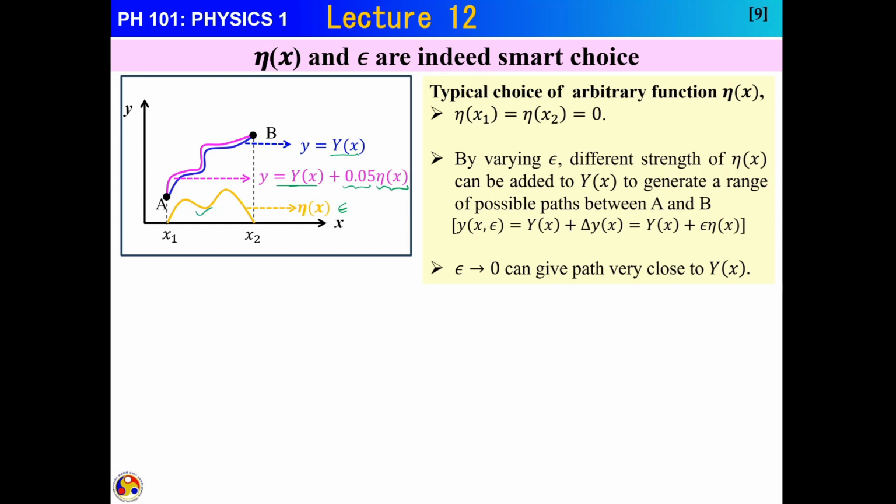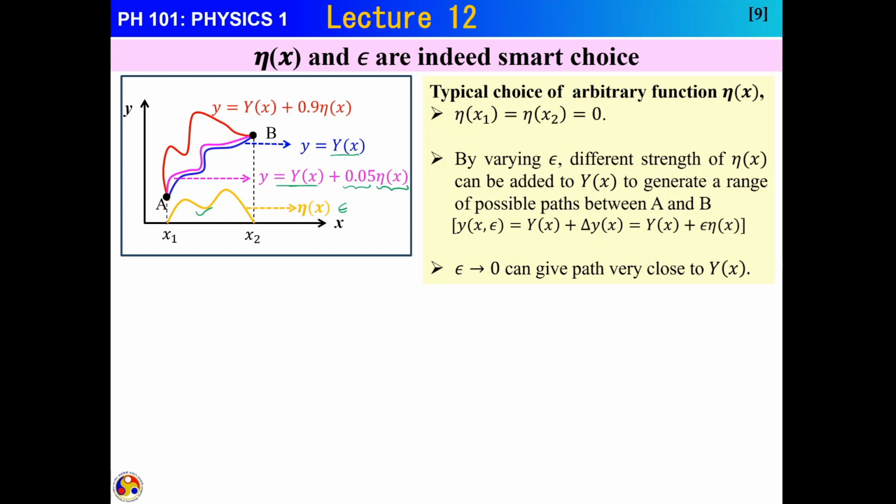I hope now you catch what would be the nearest path. Now I can take a large value of psi, say something like 0.9, and then eta of x. Now I am deviating away from the original path.